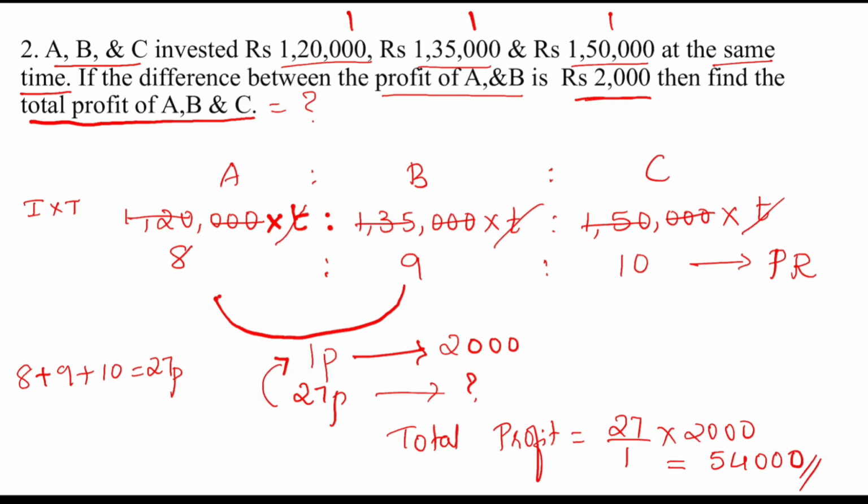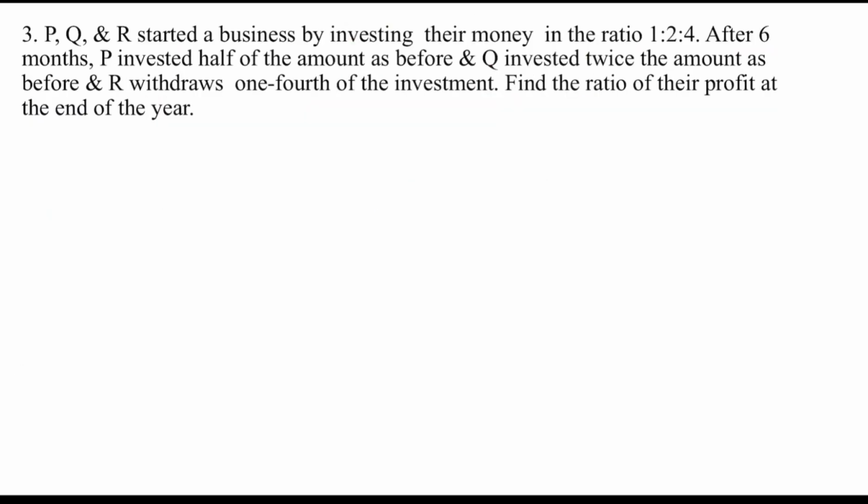P, Q and R started a business by investing their money in the ratio 1:2:4. After 6 months, P invested half of the amount as before and Q invested twice the amount as before and R withdraws 1/4 of the investment.